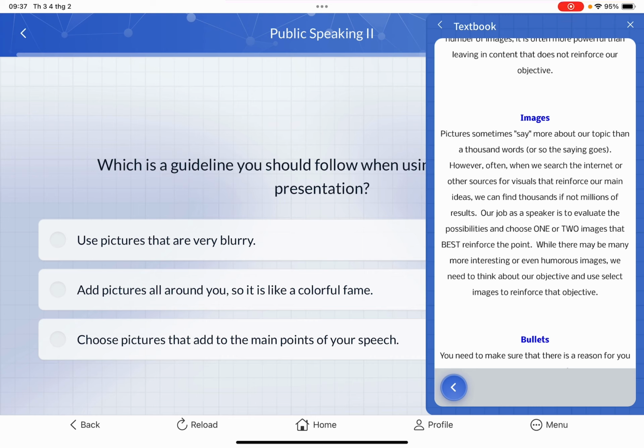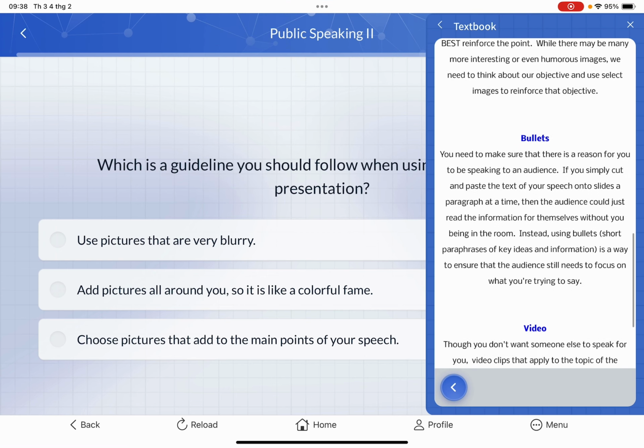Because you see, let's say we're talking about zebras, but when we search the internet, we see a lot of cute pictures of polar bears, and we use that. That's not gonna work, right? Because we're giving a presentation about zebras, not about polar bears. That would confuse our audience, and then we're gonna lose our audience.